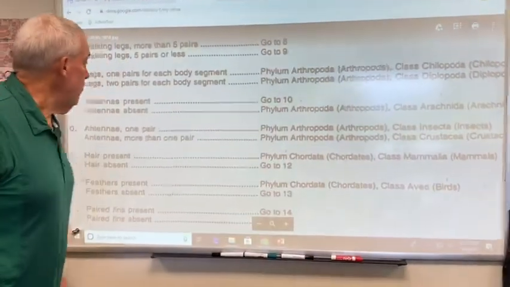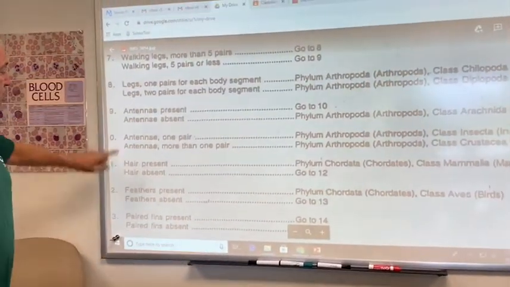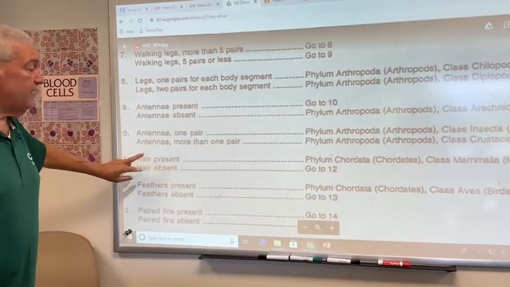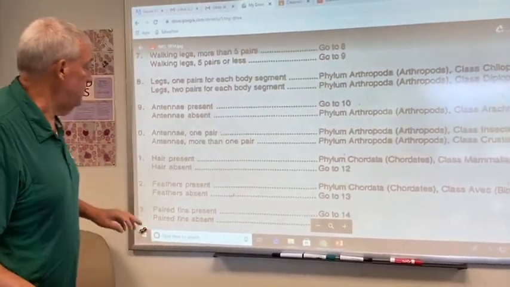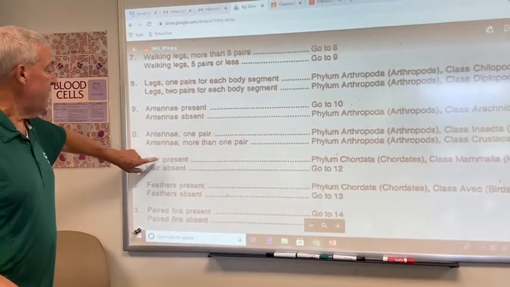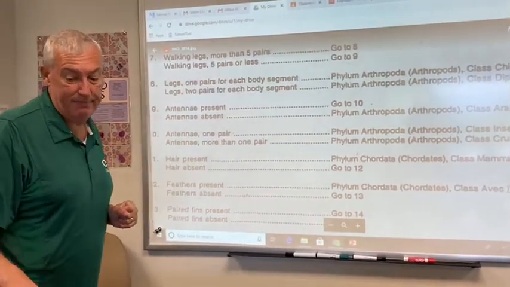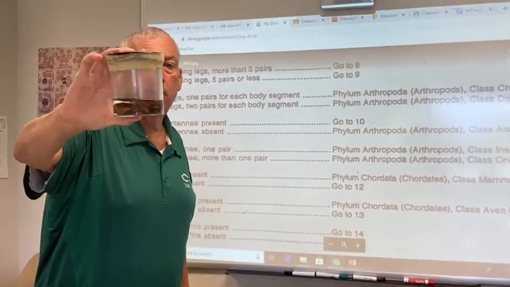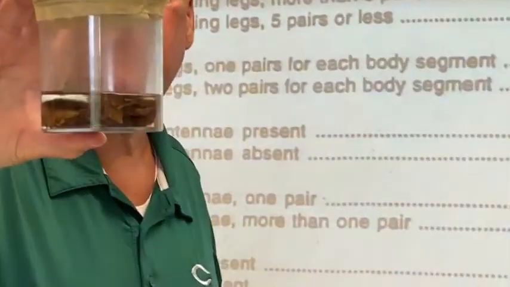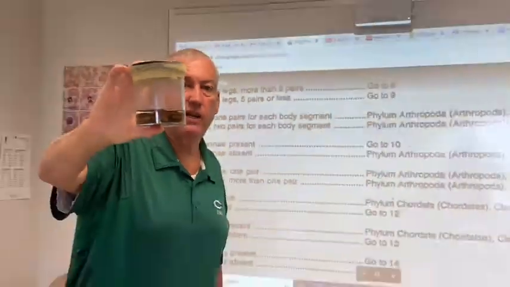So when I go down to number 11, again, it's a dichotomous key, so there are going to be two statements at each level. It says hair present or hair absent. If we look at the bat, it's pretty evident that the bat is covered in hair.